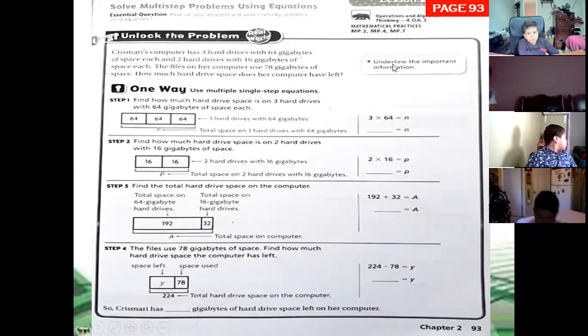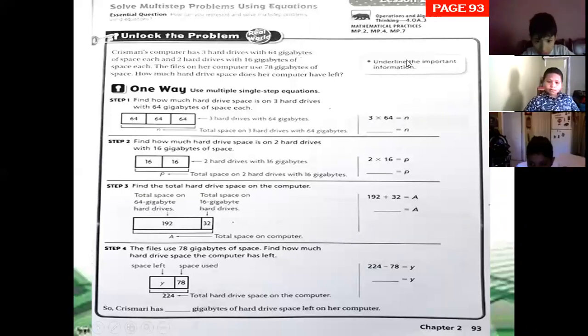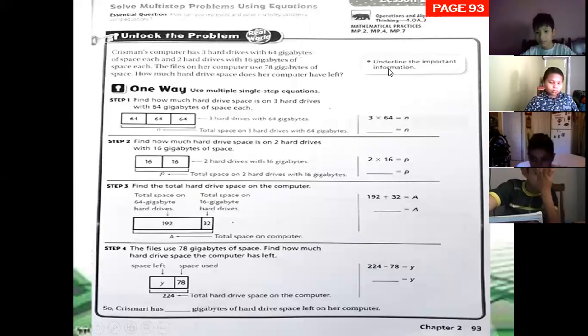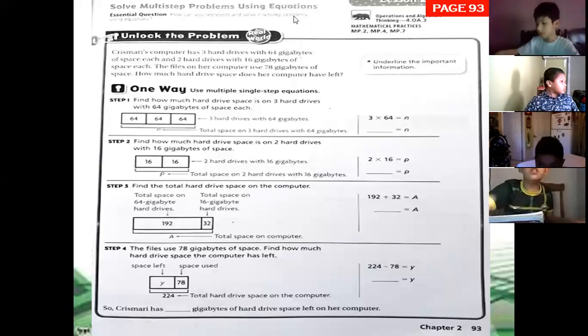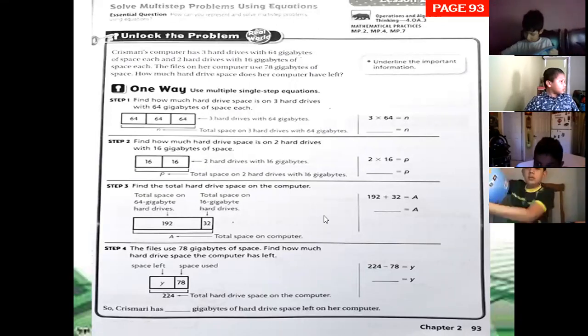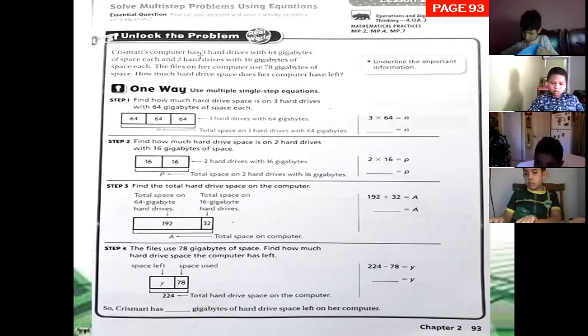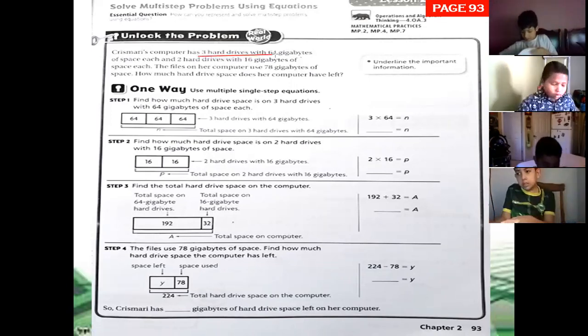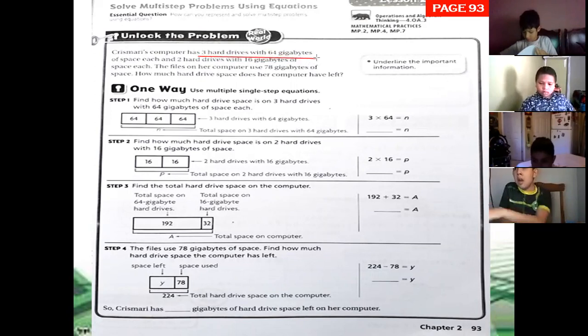So the first one here says, this blue box, this is blue in your book, says underline the important information. What is the important information we are going to use? Okay, we need to know the number of hard drives the computer has.